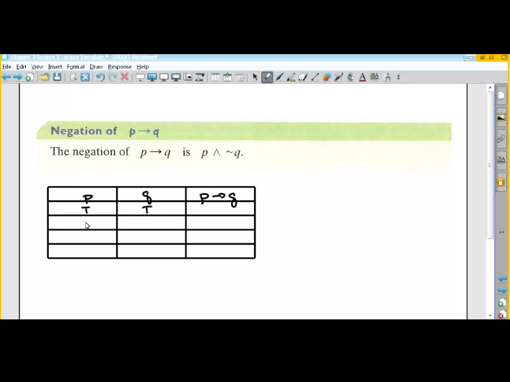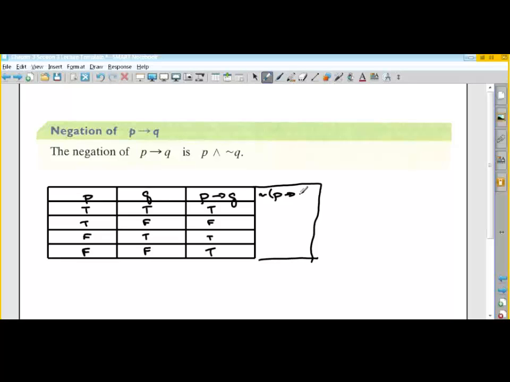So if you go back in your notes, you'll find the truth table for an if-then statement is true, false, true, true. There's actually a fourth column, which I forgot to do here.